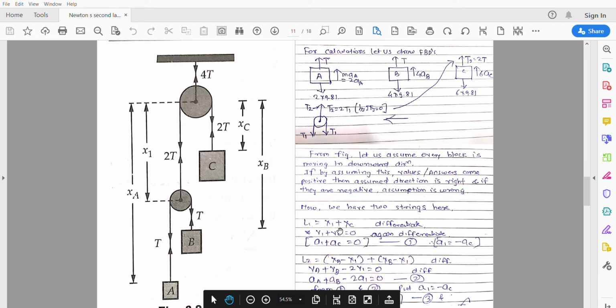Look at this figure. L1 is equal to x1 plus xc. So we have considered this as length number 1, and L2 is equal to xa minus x1 plus xb minus x1, and that's how two lengths are determined.